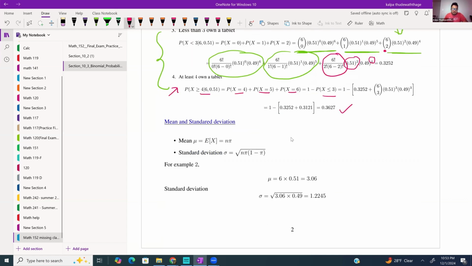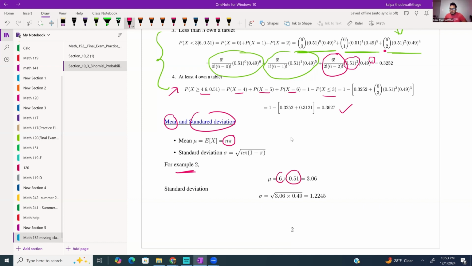Right. So there are something called mean and standard deviation in probability theory. You may have heard about that. The mean of a binomial distribution can be calculated as n times pi. Pi means the probability. For example, in our example number 2, the probability of owning a tablet is 0.51.